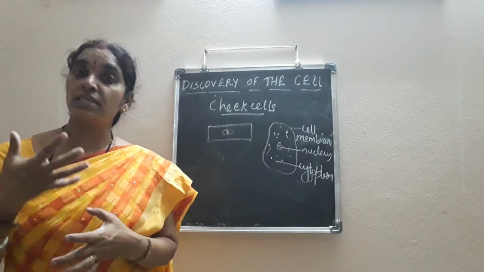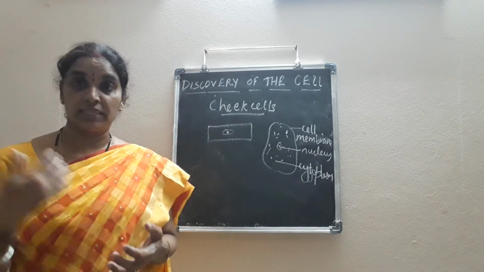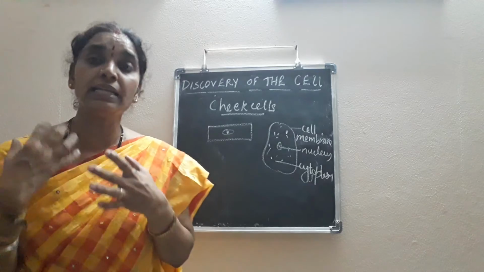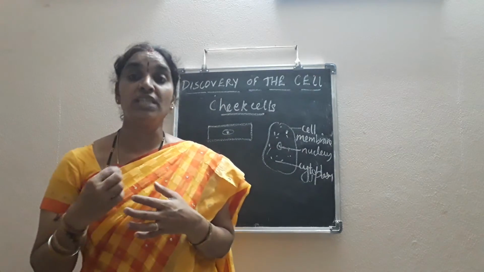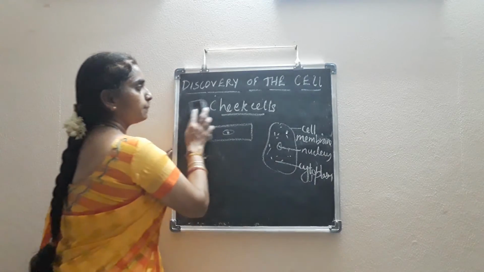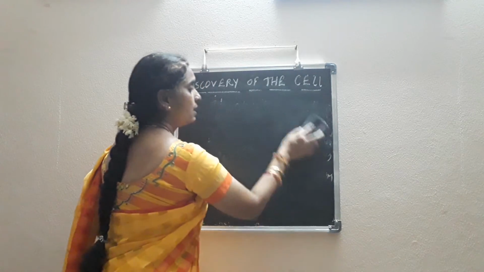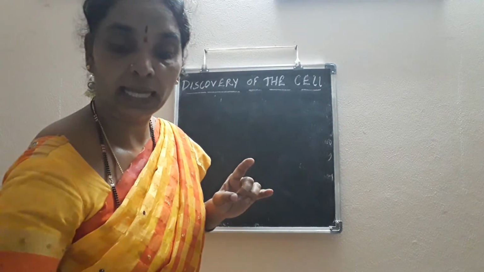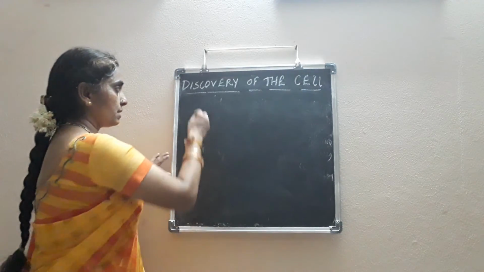It also gives the shape to the cell. Only the plant gets its shape from the cell wall. So we can say that plants have cell walls. That is the main difference between the animal cell and the plant cell.